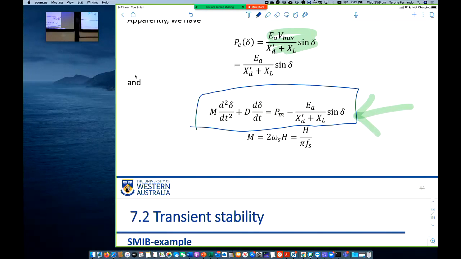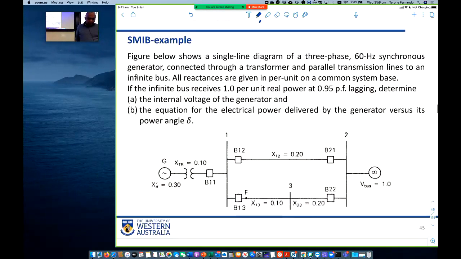Because that bus short-circuited, the electrical power has dropped to 0. Then we know that delta is going to change, and delta is also linked to the rotor angle. So something's going to happen, and we're going to look at it through this example.